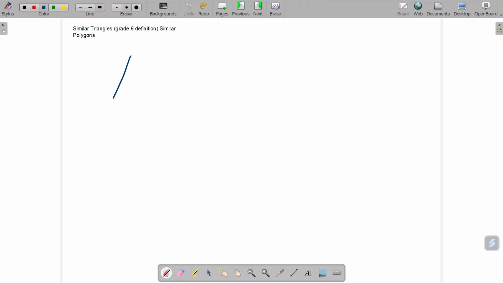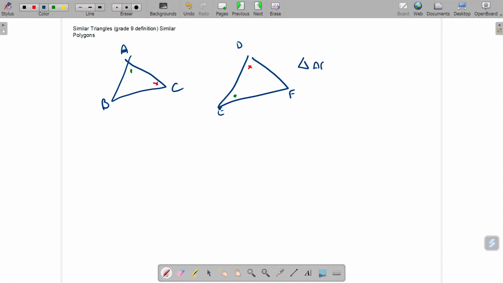And if I had two triangles, A, B, C, and some other triangle, D, E, F, such that I knew that this angle was equal to this angle, that this angle here was equal to that angle over there, I would know that triangle ABC would be similar to triangle, well, hold on, we can see that A over here, which was listed first, is paired with angle E.